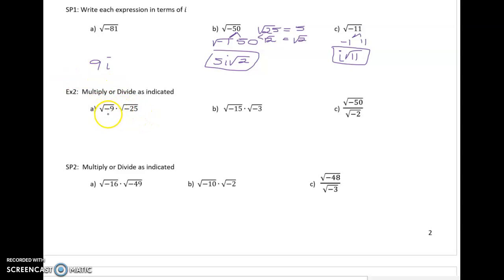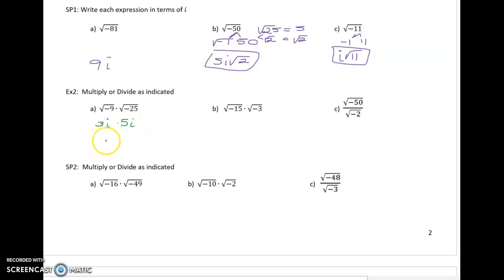When you go to multiply these radicals, the square root of negative 9 is 3i. And then the square root of negative 25 is 5i. And so we can multiply these. i is kind of treated like a variable for multiplying, adding, and subtracting.